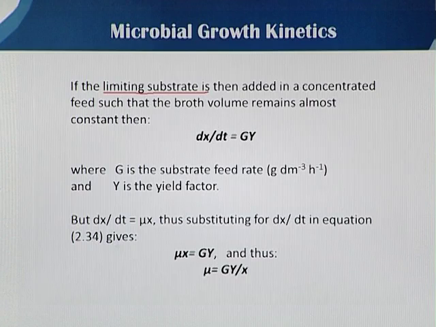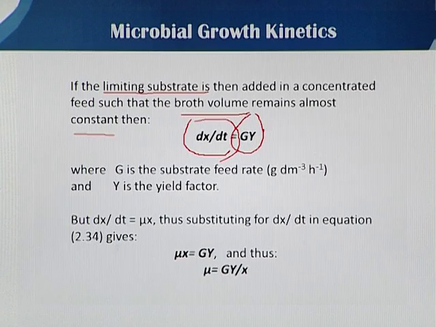If you add only the limiting substrate in a concentrated feed such that the broth volume, meaning the fermentation volume, remains constant, then dx over dt, the change in biomass concentration with respect to time, is equal to GY, where G is the substrate feeding rate and Y is the yield factor.